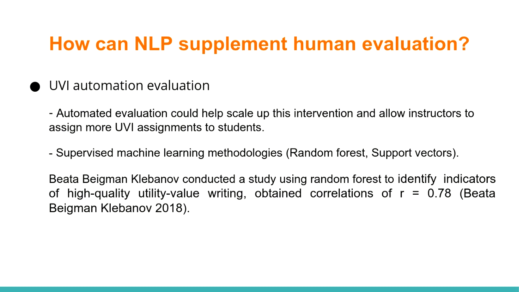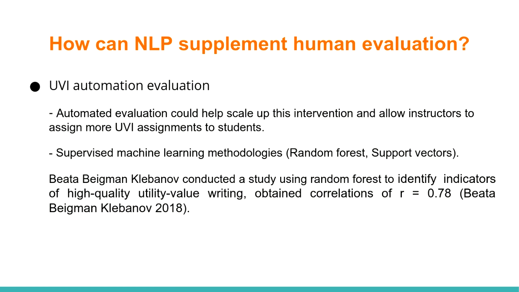So over the years, machine learning applications have been used to try to supplement the process of UVI grading. Machine learning methodologies such as random forest have been deployed to come up with a solution.